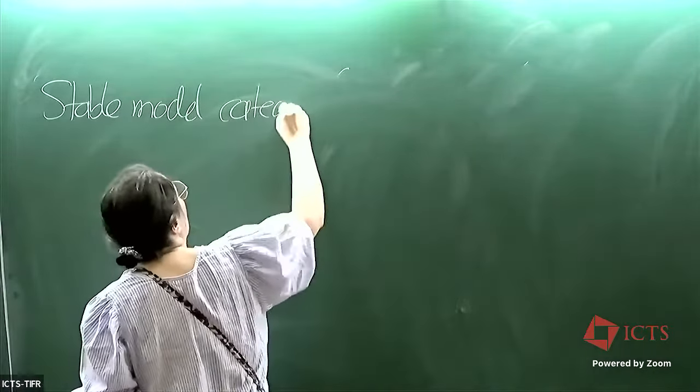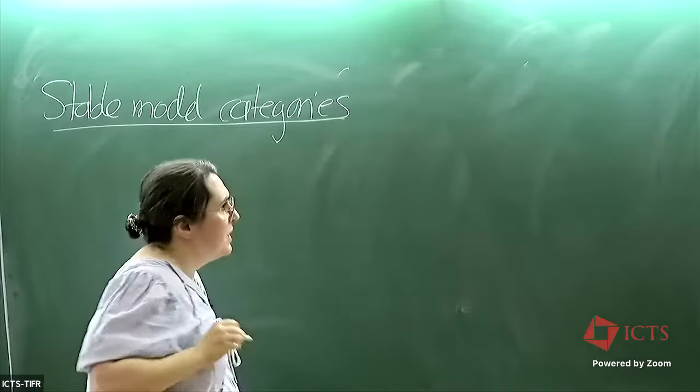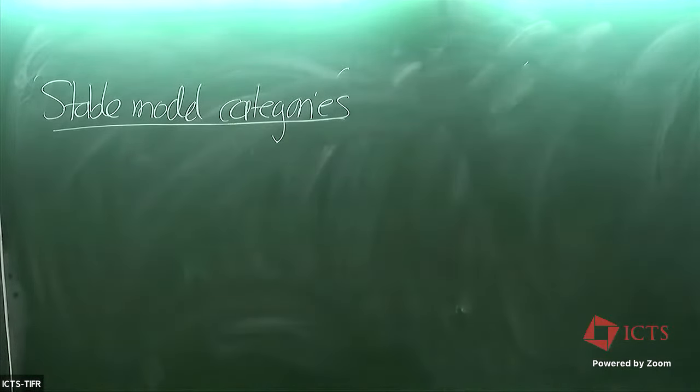So from now on, all my model categories are going to be pointed. Abstractly, that means initial and terminal object degree. In practice, algebraic things are pointed because they have a zero object.